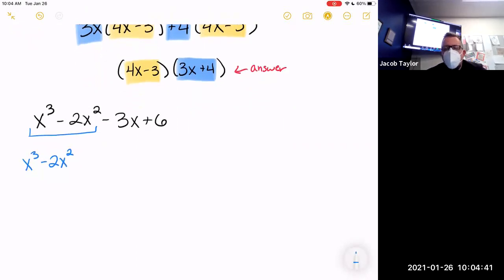The greatest common factor there is x squared. What will be left inside?